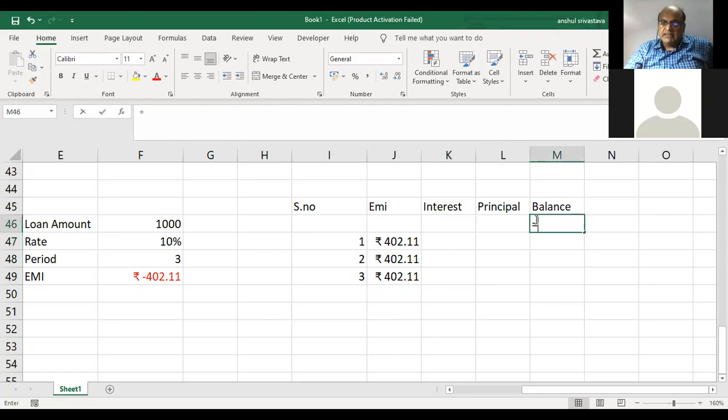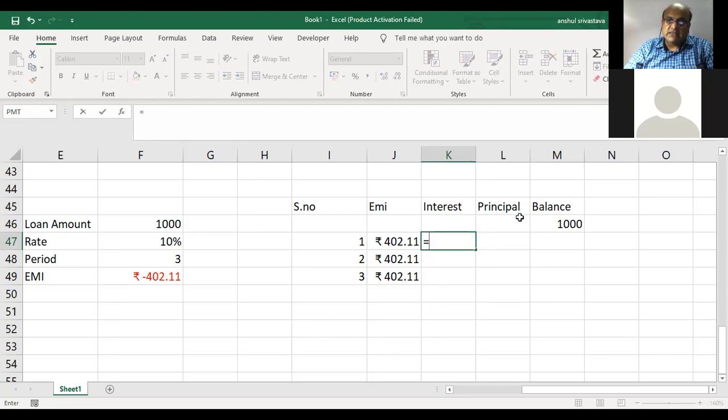And the initial balance would be 1000. Now look at it very carefully. This loan is on reducing balance, so your first interest would be on the total balance, this into 10%.